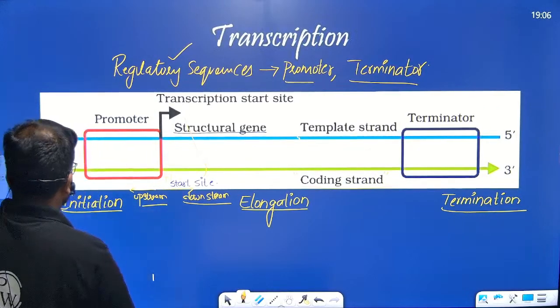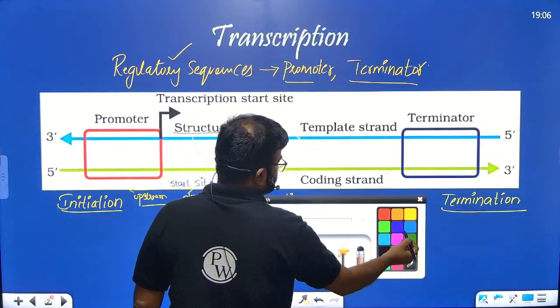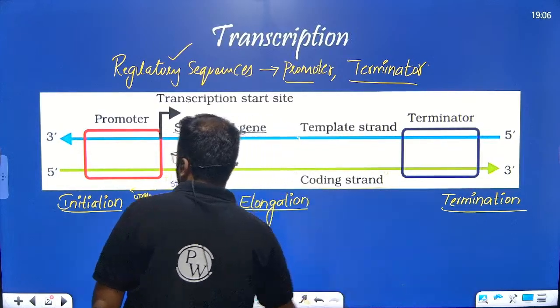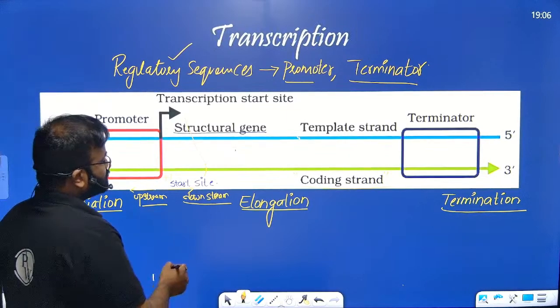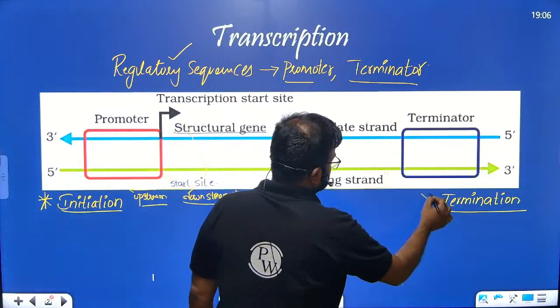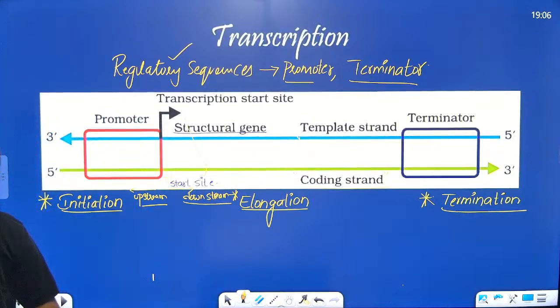Okay, let's dive into the process and see how actually it runs. As you know, the process of transcription can be divided into three parts, that is initiation, elongation and termination. So initiation. Who participates in the initiation of the transcription?